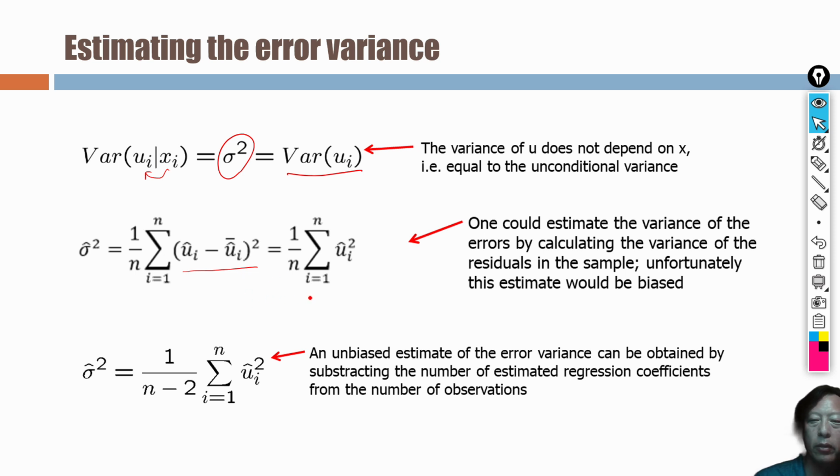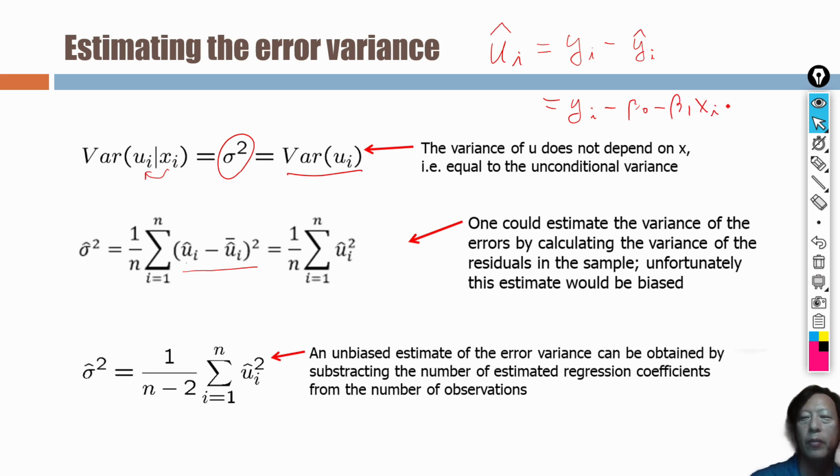indeed actually this is biased. Why is this biased? Because u hat is from yi minus y hat, which is yi minus beta 0 minus beta 1 xi, right?